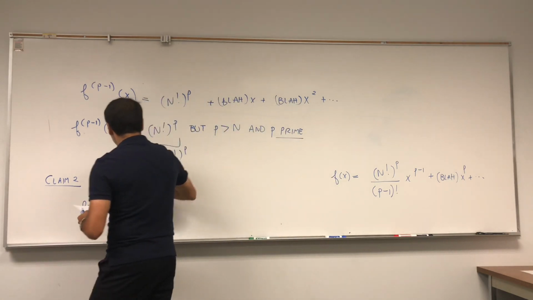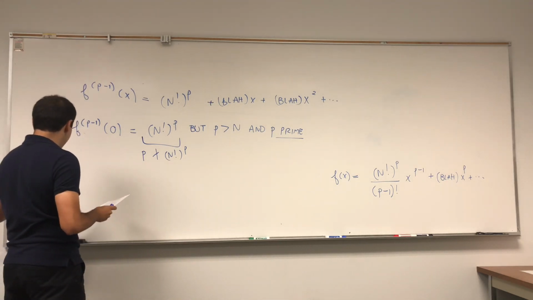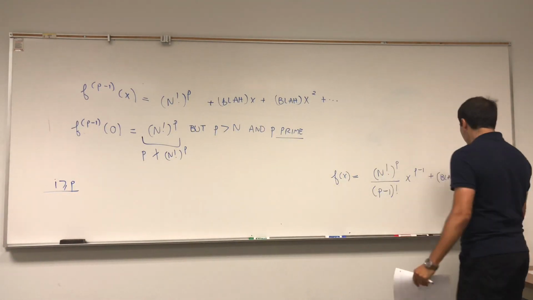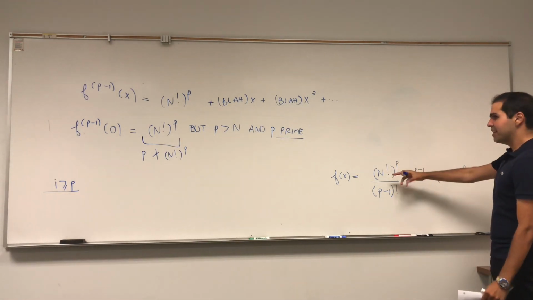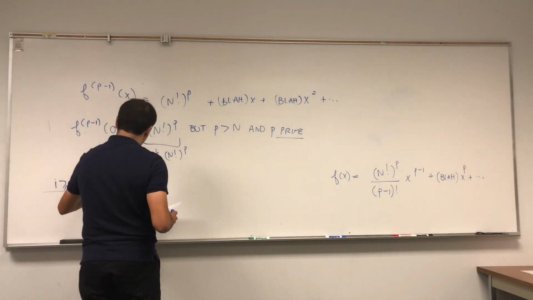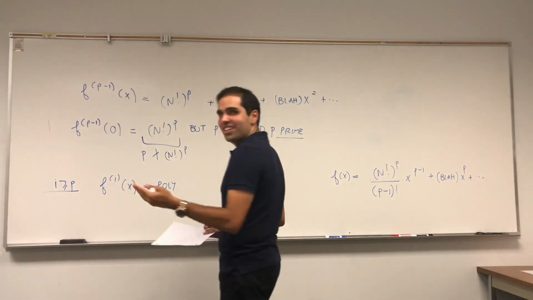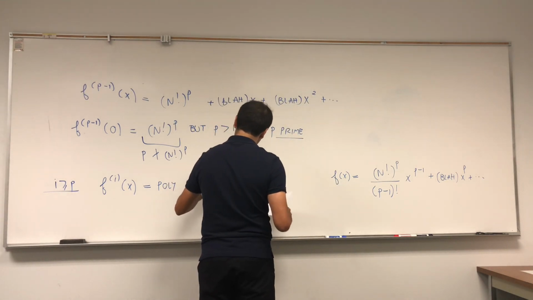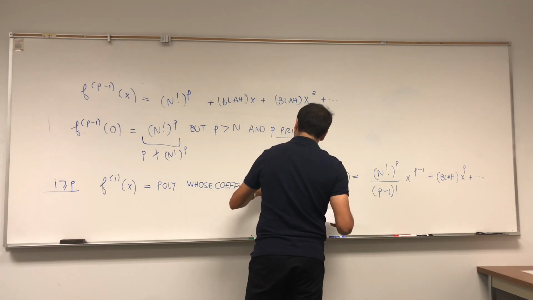And lastly, what happens if we evaluate this at higher derivatives? Well, then we're actually good. Again, by the same fact as before, the ith derivative of f, remember what we showed? It's a polynomial whose coefficients are divisible by p, or multiples of p, same thing.